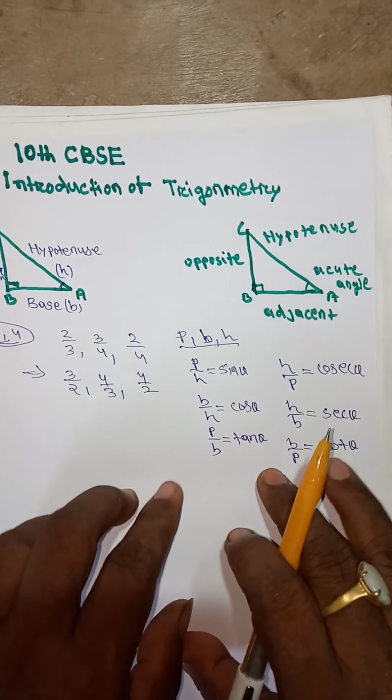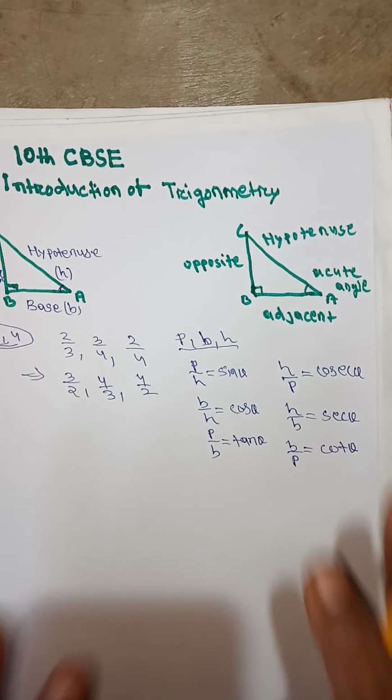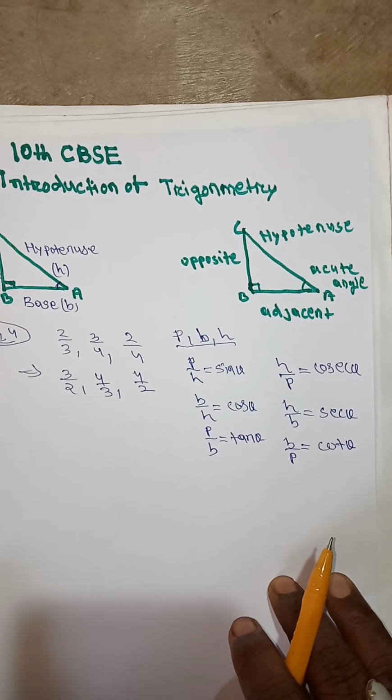So these 6 ratios are called trigonometric ratios.